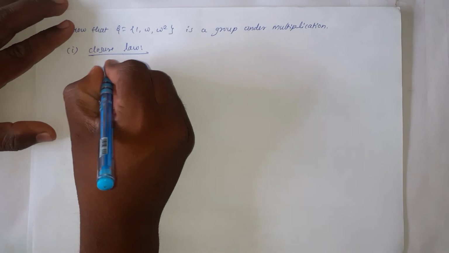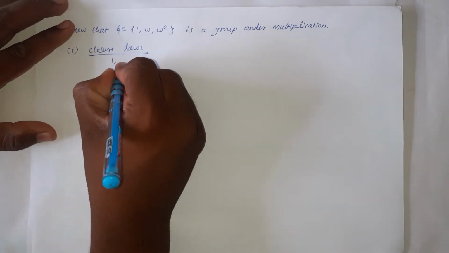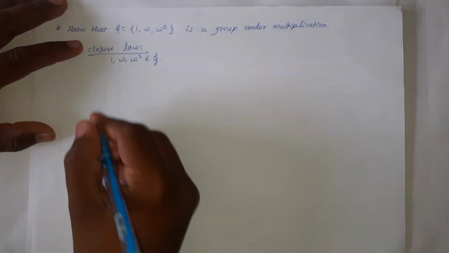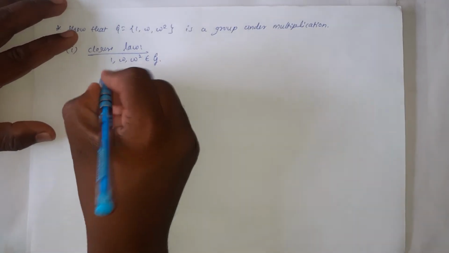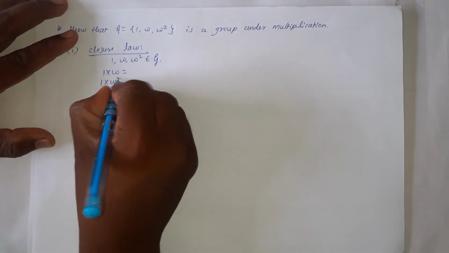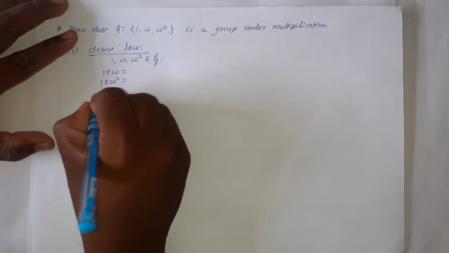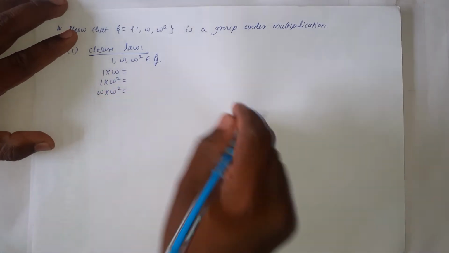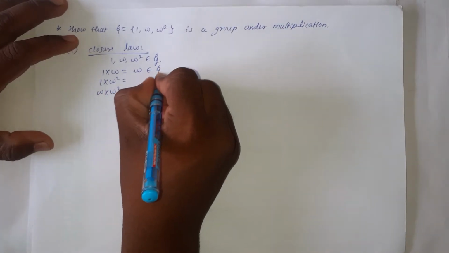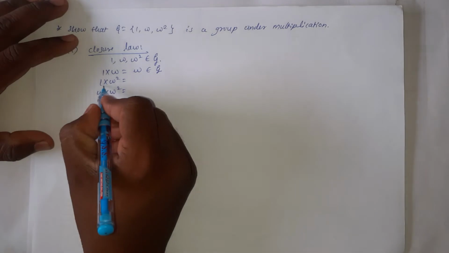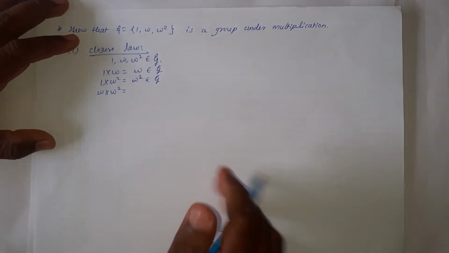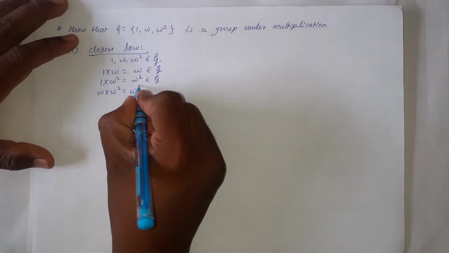Now 1, omega, omega square belongs to the given set G, and the binary operation is multiplication. Now consider 1 into omega, then 1 into omega square, and omega into omega square. So 1 into omega is omega, and this omega belongs to the given set G. Then 1 into omega square is omega square, that also belongs to G, and omega into omega square is omega cube.